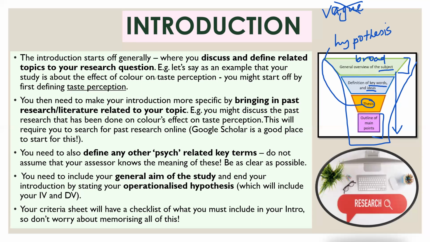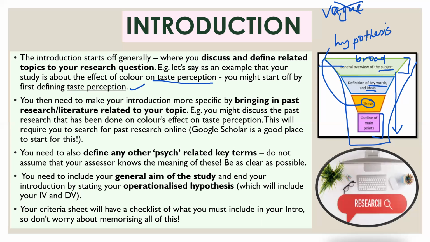Again, you can see that they've given another example here with reference to taste perception. With an introduction to a study that you've done about taste perception, you might give a general introductory sentence, a general overview, as the first line.